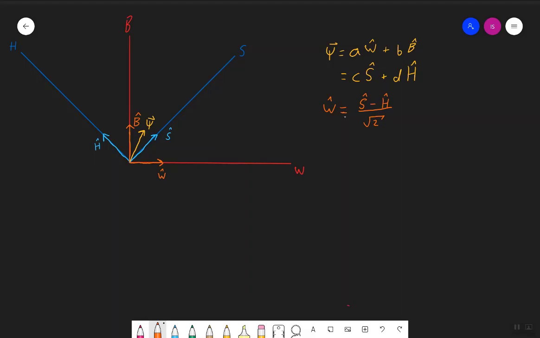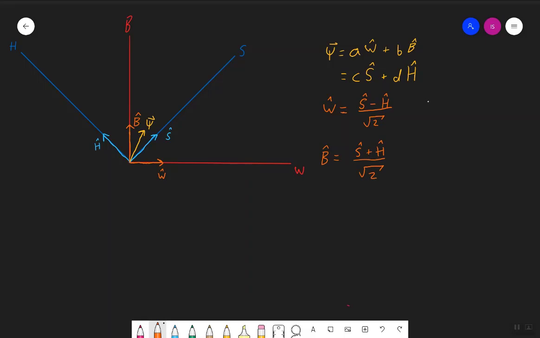In fact, if you take the magnitude of this, you will find that it is a unit vector if you have that square root of 2 there. Similarly, the black unit vector is equal to the soft unit vector plus the hard unit vector over the square root of 2. Again, you should be able to see this geometrically.